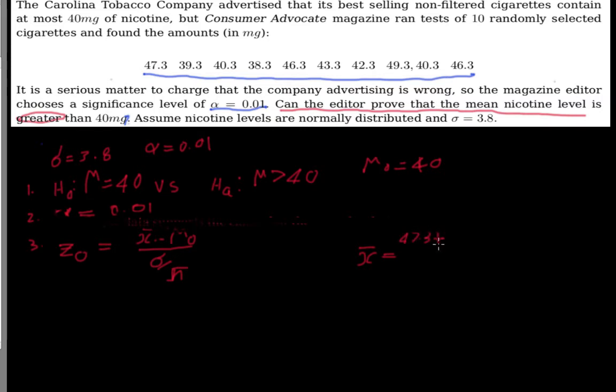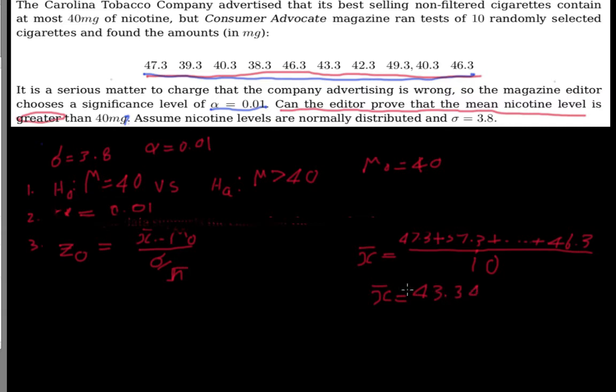47.3 and add 39.3 plus this 46.3. You should add all the values from here to here, then divide by the number of data, we do have 10 data: 1, 2, 3, 4, 5, 6, 7, 8, 9, 10. Okay, you can use the calculator. So get the answer. Answer should be 43.30. So we can plug the numbers here.